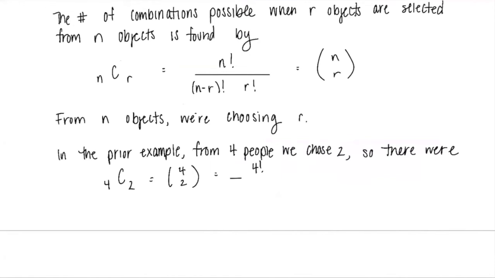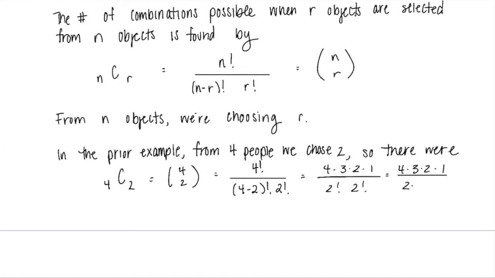It's 4 factorial over 4 minus 2 factorial, 2 factorial, which 4 factorial is 4 times 3 times 2 times 1. 4 minus 2 factorial is 2 factorial, 2 factorial. So that's 4 times 3 times 2 times 1 divided by 2 times 1, 2 times 1.